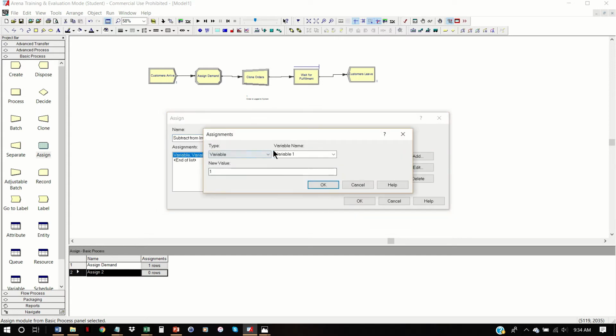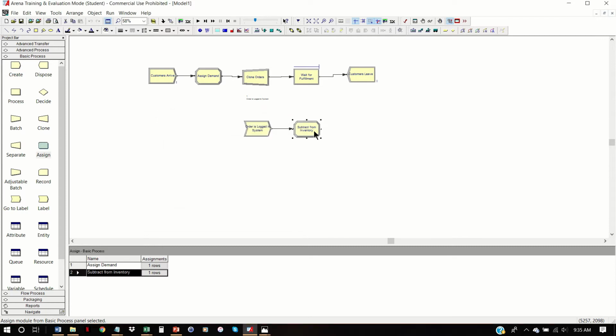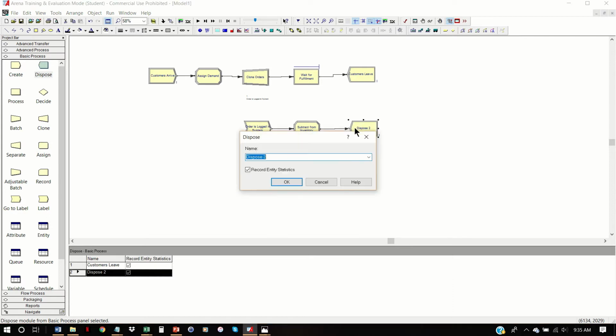And we're going to say that the variable that we're going to call inventory is going to be equal to the previous inventory minus demand. Okay, so anytime an order comes through, the inventory is going to be subtracted by that amount, and then the order is going to be discarded. So we're going to say the order is processed.